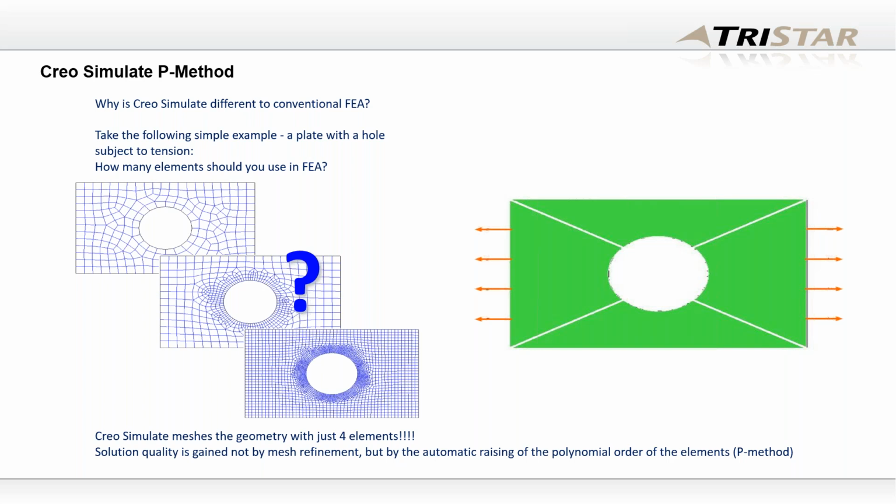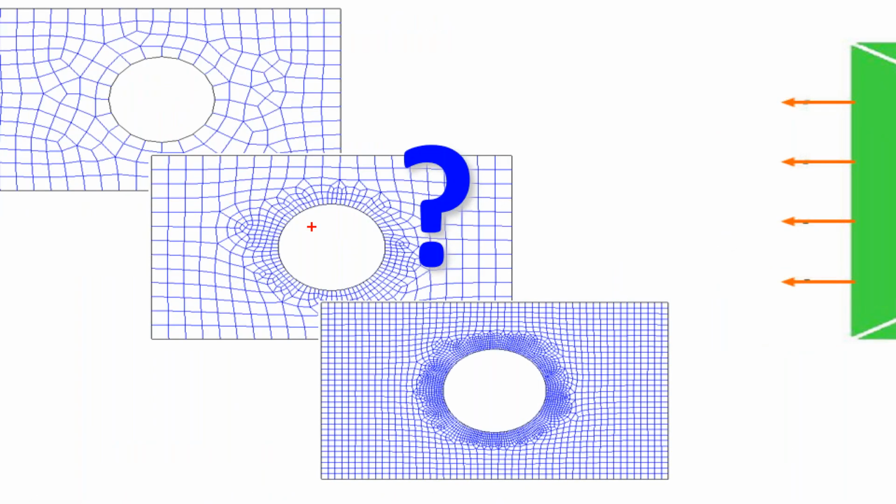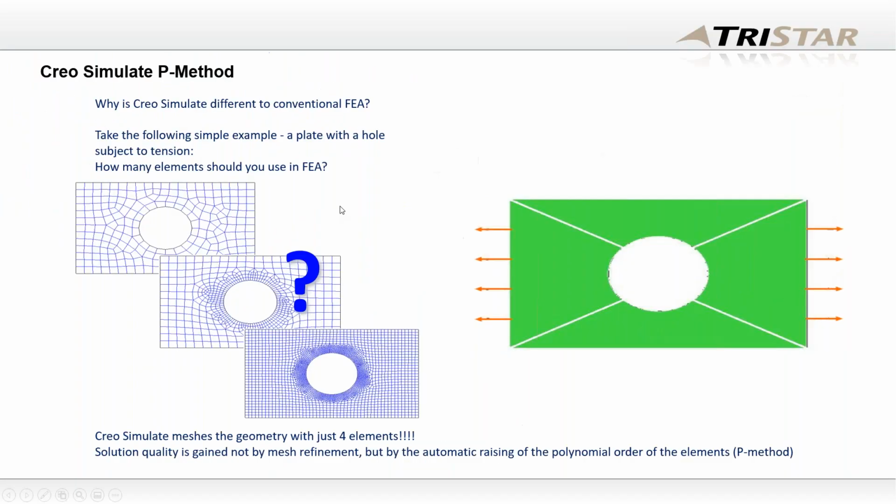At the same time, it requires a lot of experience, and that's why it's a specialized field. You do a lot of pre-processing. Creo Simulate uses P method and not H method. P stands for polynomial. So if I were to ask you to run an analysis on a simple part like this in your traditional FEA, you would go and add more refinement, since most of the softwares use linear equations or quadratic equations to solve.